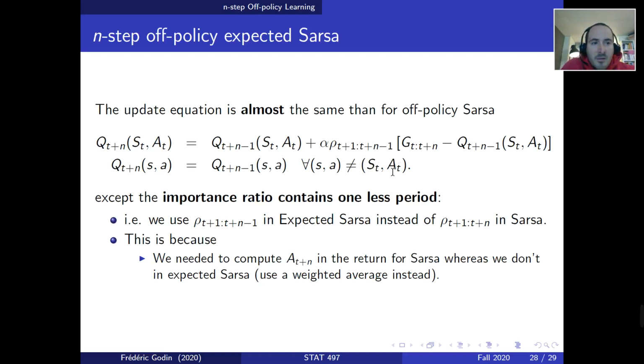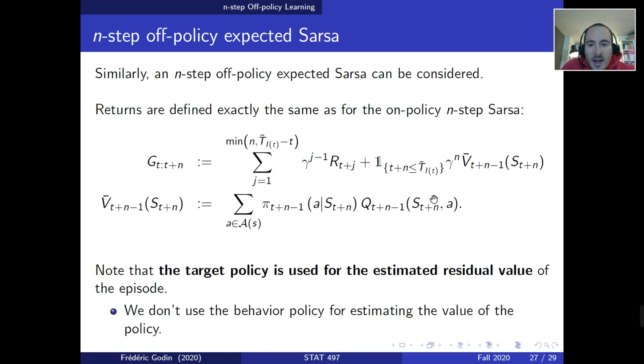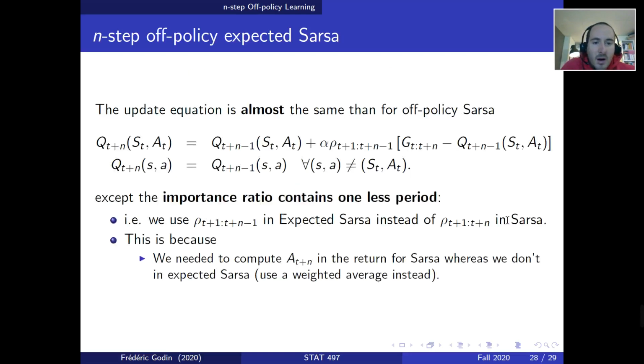It's because if we go back here, we see that in the target, the action at time t plus n is not considered. This is just a sum of the various actions. So the action t plus n is not taken into account in the target, so we also have to exclude it from the importance sampling ratio. This is why this ends at t plus n minus 1.